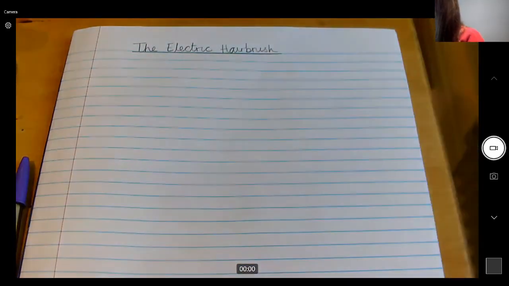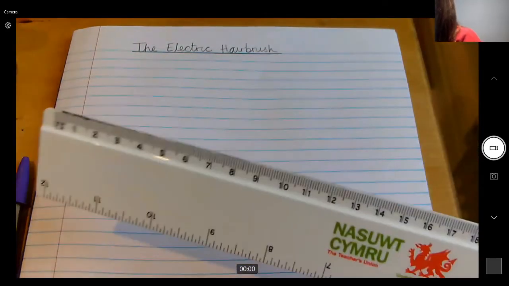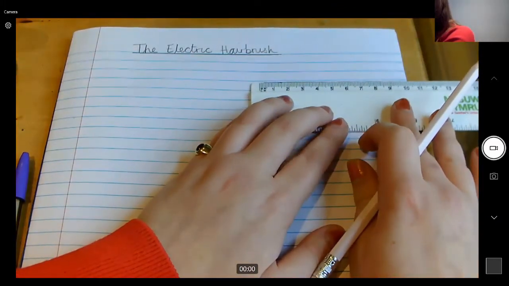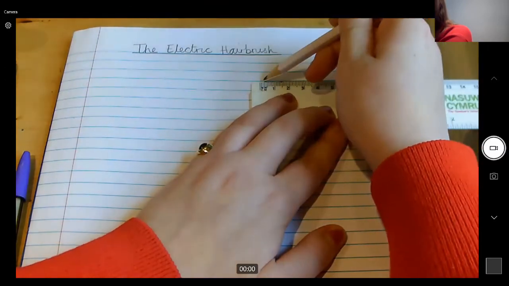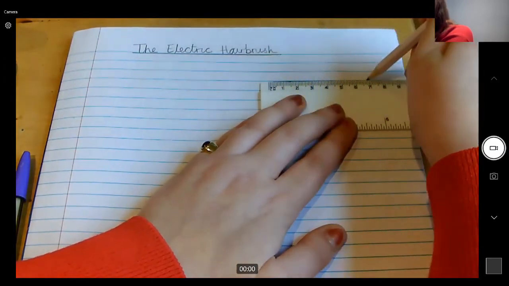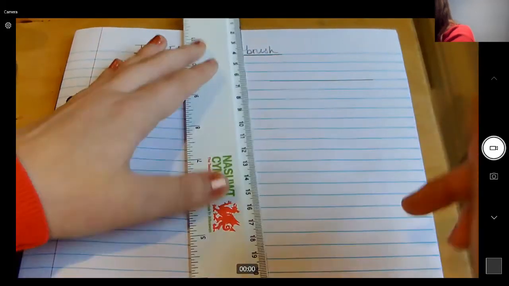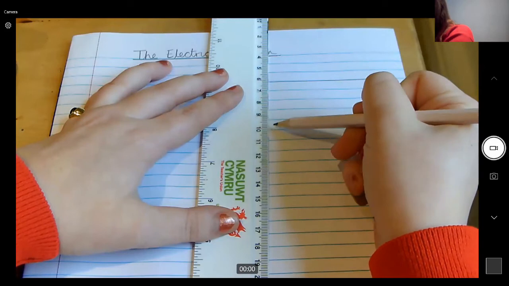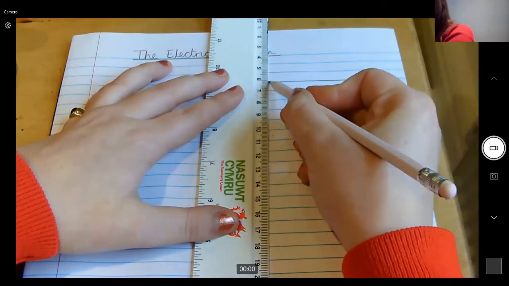So using your ruler on this side of the paper, I want you to draw a box that is, let's go for 7 centimeters along, and then 1, 2, 3, 4, 5, 6, 7 lines down.